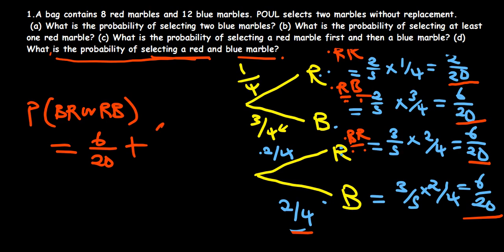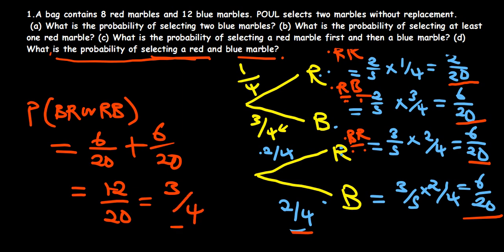So this will be 12 over 20. We reduce by dividing by 4, and you get 3 over 4. So this is the probability of selecting a red and blue marble.